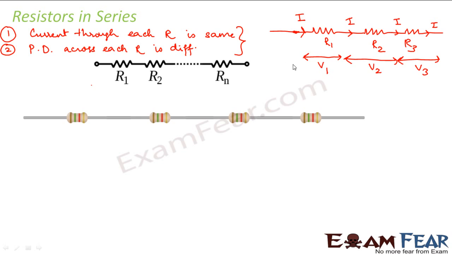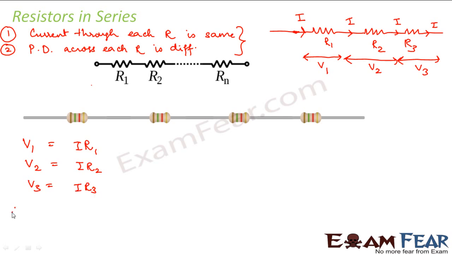So now what would be the potential difference across R1? V1 will be equal to IR1, that is according to Ohm's law. So the resistance is R1 and the current flowing through this R1 is I. So this V1 will be equal to IR1. Similarly, V2 will be equal to IR2 and V3 will be equal to IR3.